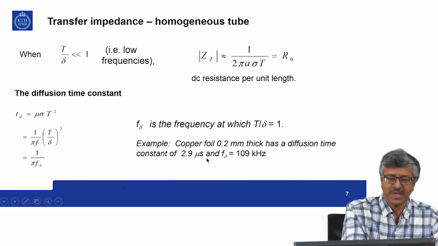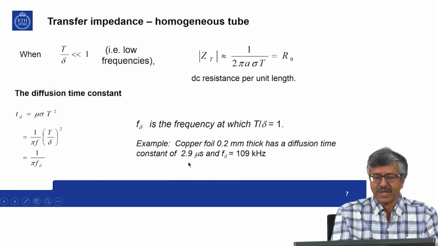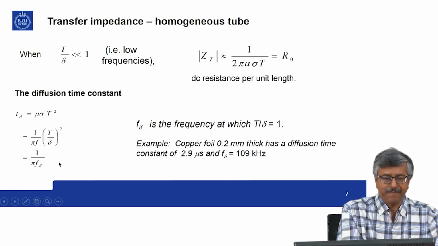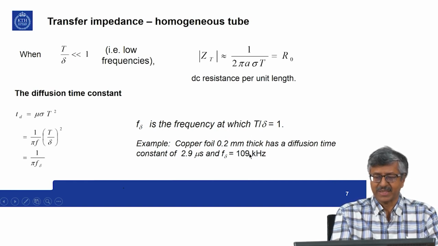If you put in 0.2 millimeter here, and the conductivity of copper and mu over here, you will get the diffusion time constant as 2.9 microseconds. And you can calculate when t by delta will be 1, and that will be 109 kilohertz.